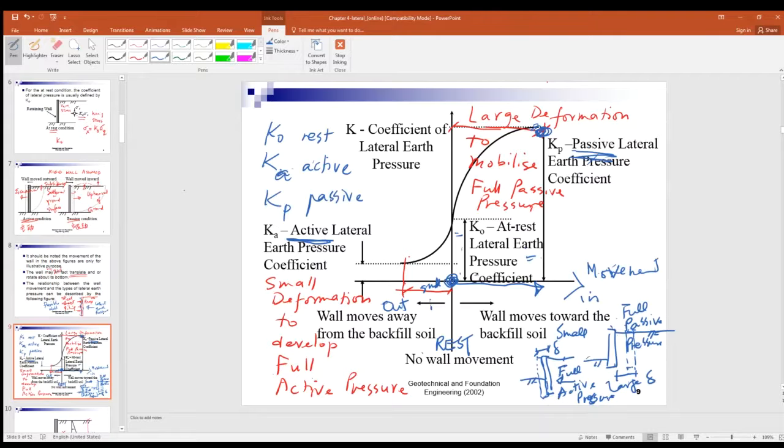Okay? So that is the very interesting observation on the degree of the deformation to develop passive or active pressure. For active, you need very small movement. But for passive, you need to displace quite a good distance of deformation before you can get the full passive pressure. So that is the interpretation of this graph. Okay.